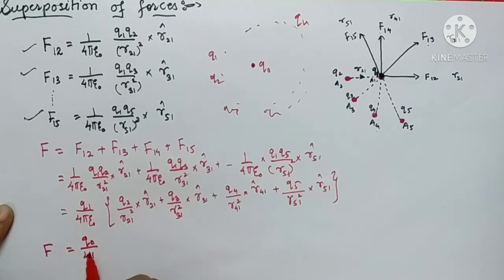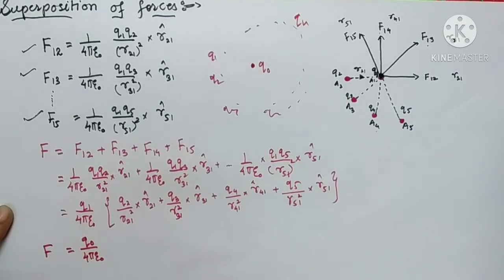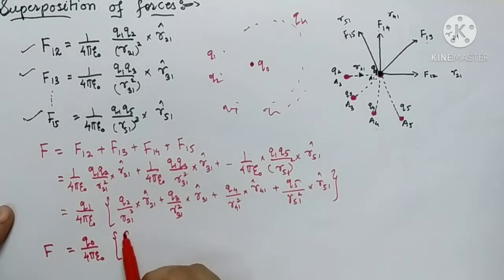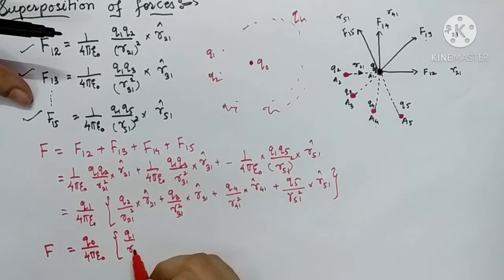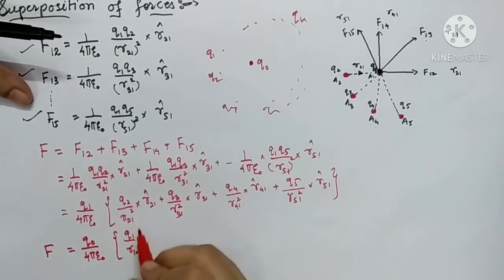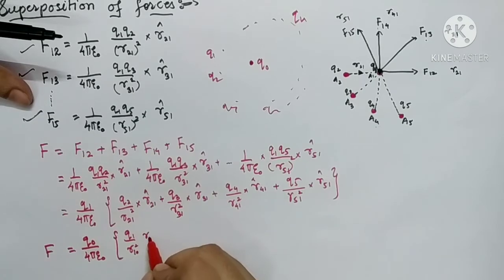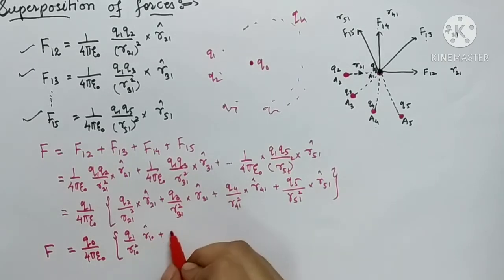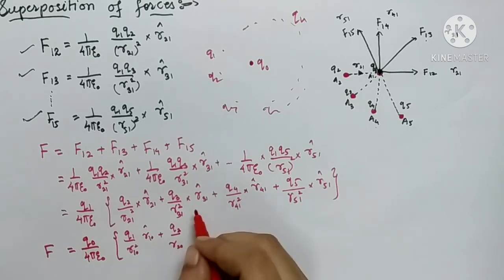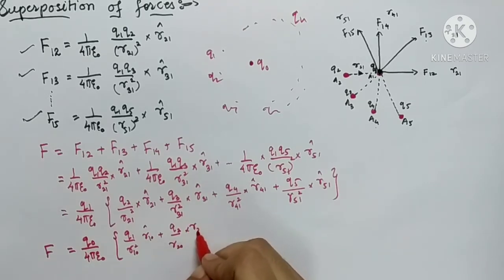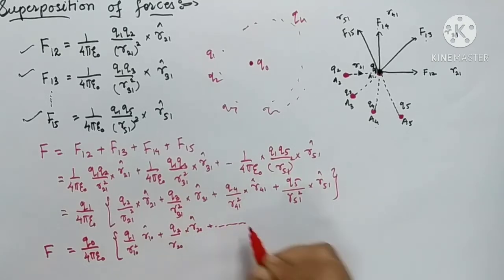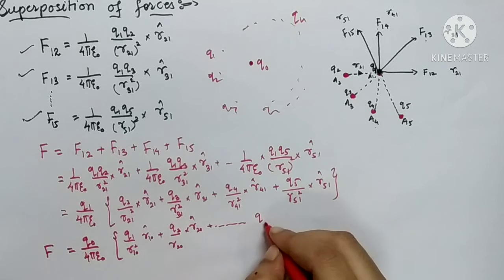Q0 upon 4 pi epsilon 0 into Q1 upon R10 square into R10 hat plus Q2 upon R20 square into R20 hat, plus similarly you have to add all the charges, and the last charge is Qn.